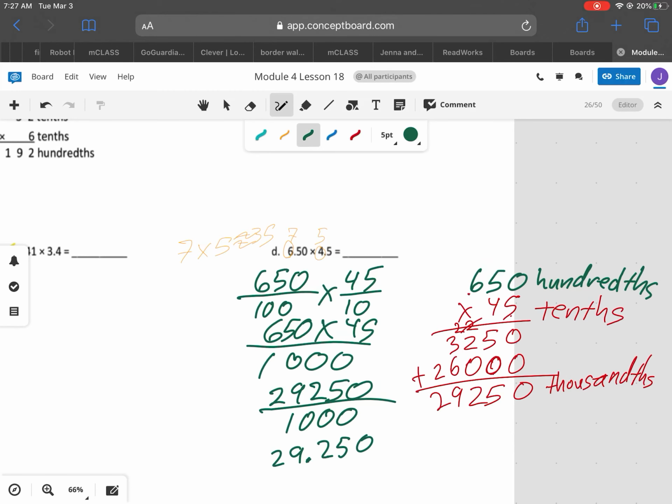And that's correct. I also see that I have 3 decimal places in my problem. 1, 2, 3. So that's correct as well. Okay, so 1, 2, 3. And that gives me 29 and 250 thousandths.